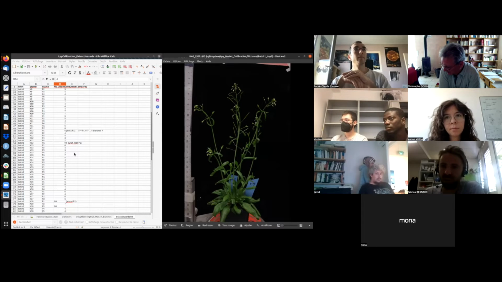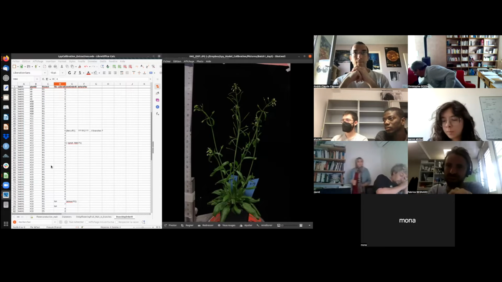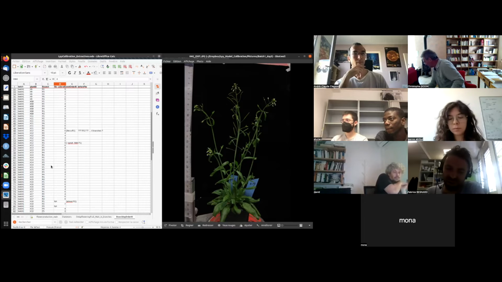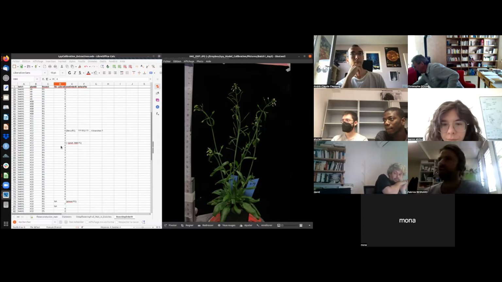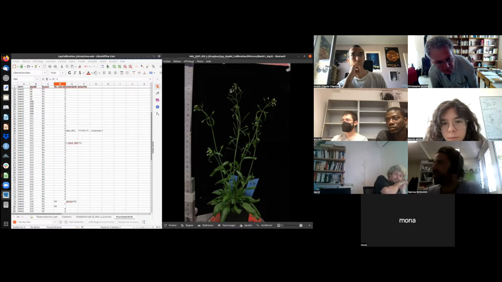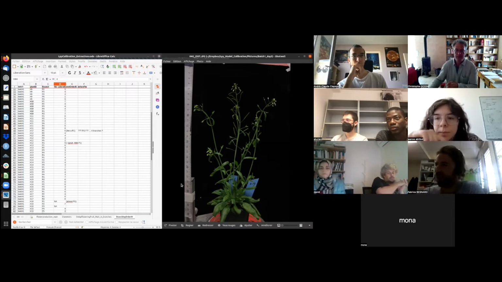You remember you have this Hill function: the organ will grow from a starting length up to a final length. The initial length is a bit arbitrary, because everything happens in the meristem, so you don't see it. The really important thing was to get the final length. So that's what we did.